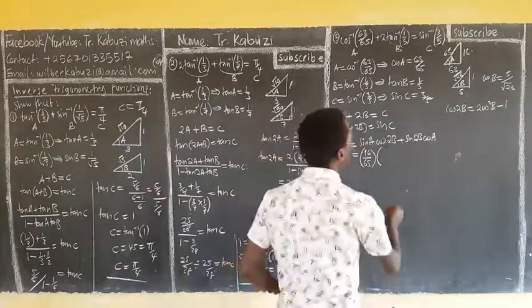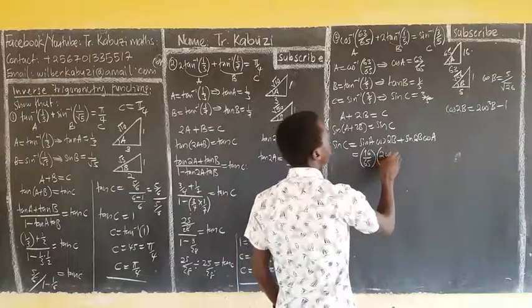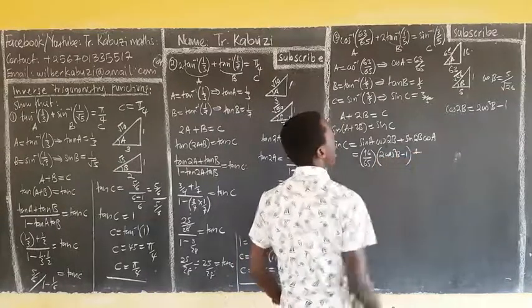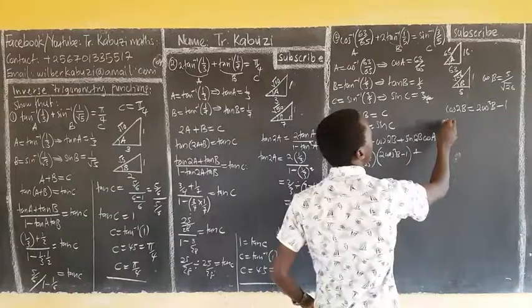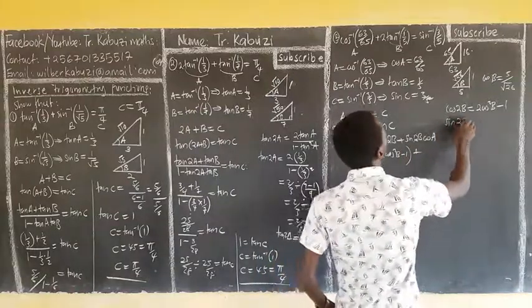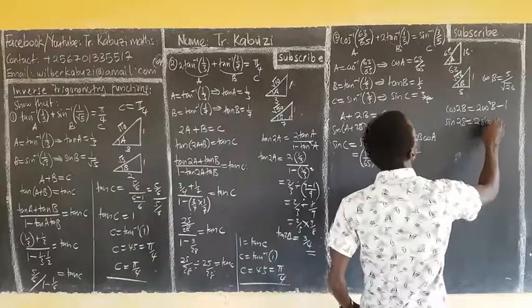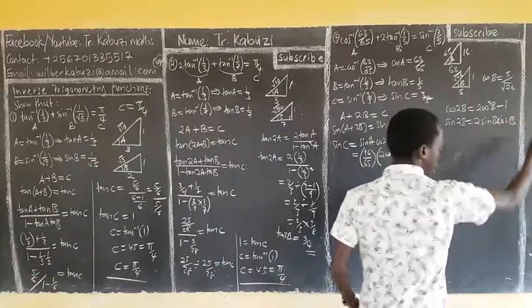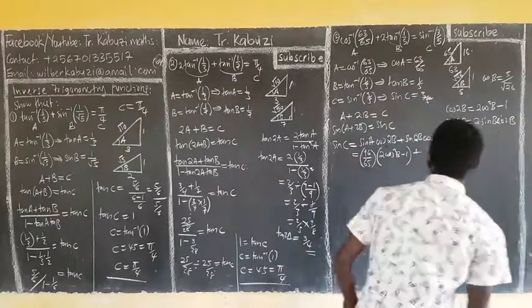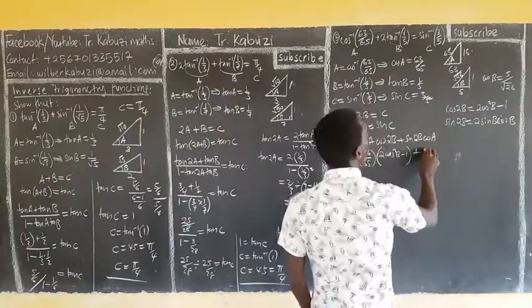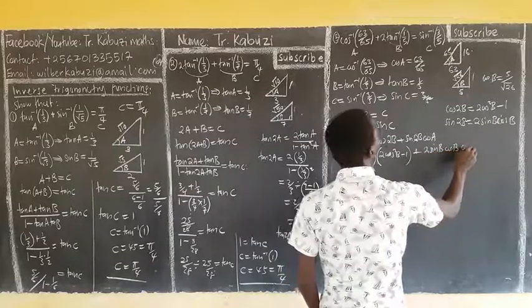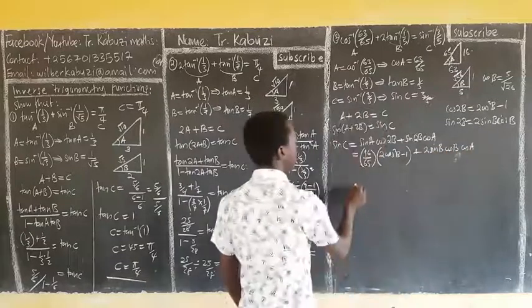So this will now be 2 cos squared B minus 1, then plus sine 2B. You know that sine 2B is the same as 2 sine B cos B. So I put the same thing here, 2 sine B cos B, then cos A. So can you substitute?